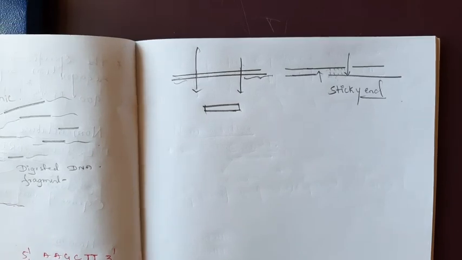The sticky ends are due to staggered cutting, and sticky ends are also known as cohesive ends. This staggered cleavage of double stranded DNA fragment produces single stranded sticky ends.